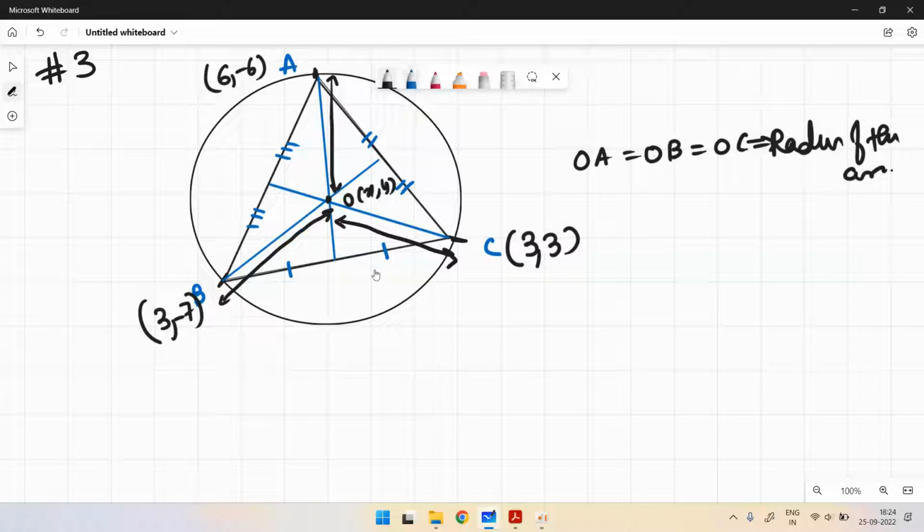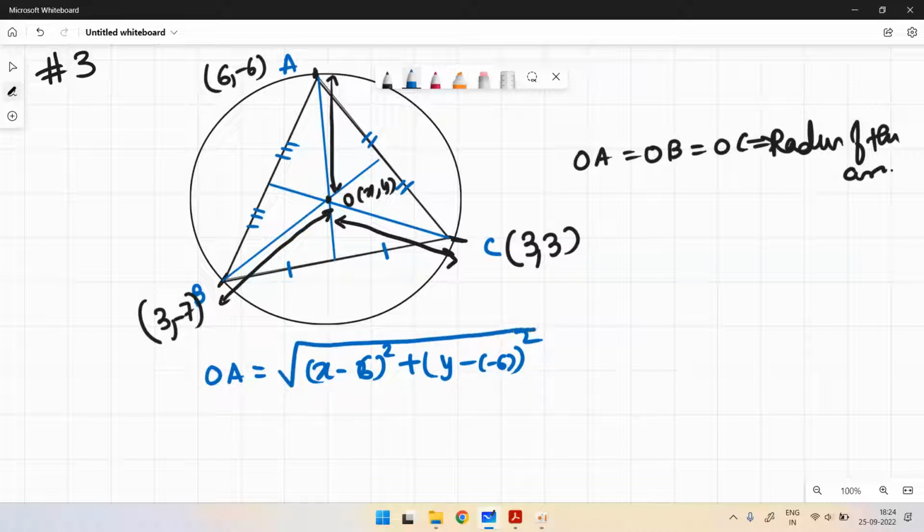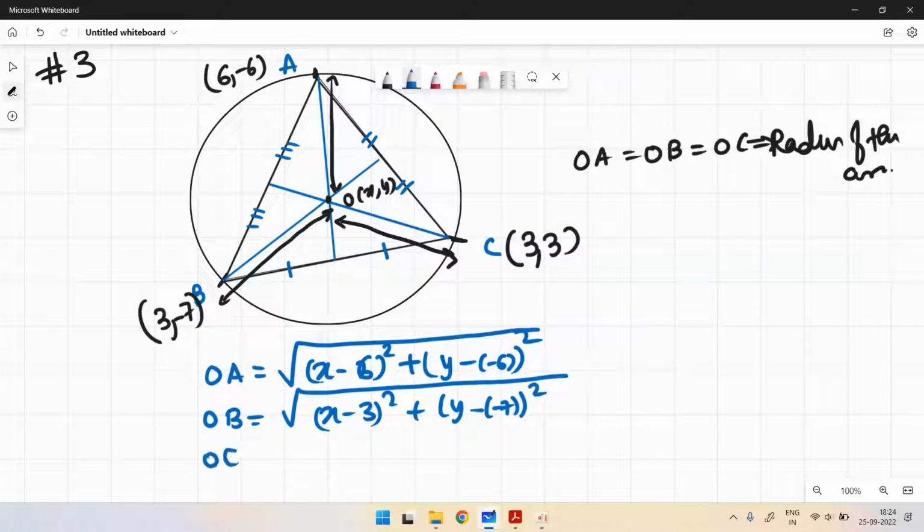So if I calculate OA, what is OA? Applying the formula, it is the square root of (x minus 6) square plus (y minus (-6)) square. What is OB? OB is the square root of (x minus 3) square plus (y minus (-7)) square.